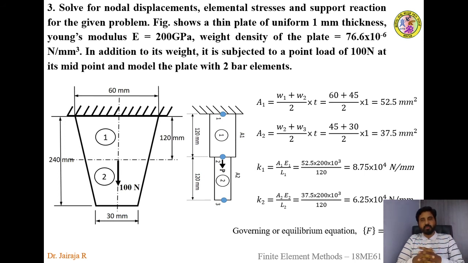In the previous problems, we did not consider the self weight of the bar. Here in this particular problem, we are considering the self weight of the bar. The point load is applied exactly at the mid of the plate, that is at node 2. So how to solve this problem?